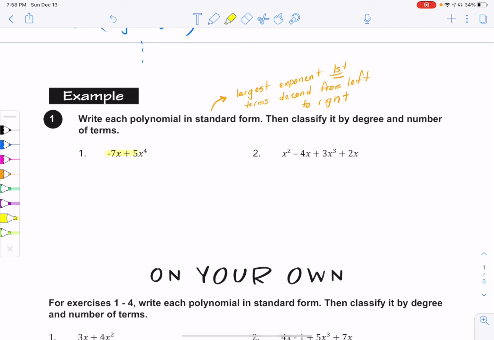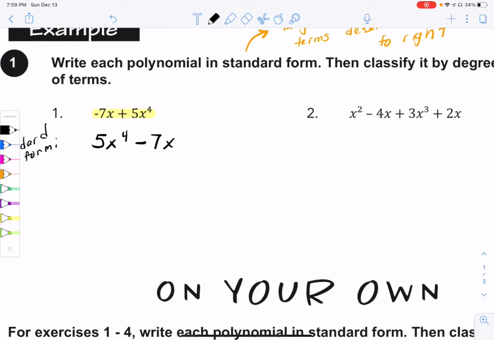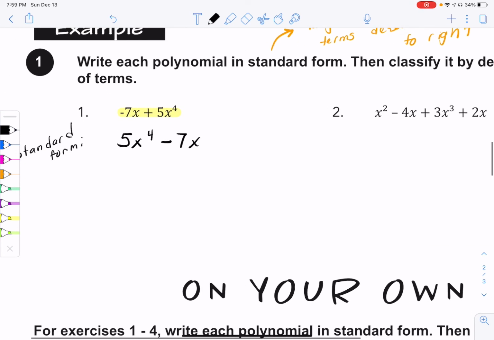So let's start by looking at negative 7x plus 5x to the 4th. If I write this in standard form, the largest exponent comes first, and then the exponents descend from there. So this is 5x to the 4th minus 7x. Now, if I was to label this by its degree and by the number of terms, in this case the degree is 4, the number of terms is 2.